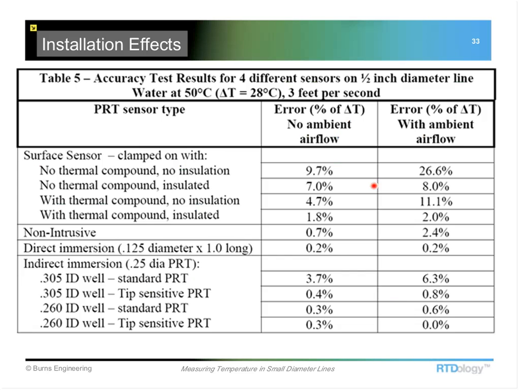Again, the surface sensor is going to be the worst, and then getting down with the tip-sensitive, very small error. And even with some of these numbers, when we're down less than 1%, there's a little bit of uncertainty as to whether we're even able to accurately measure those particular stem conduction errors.